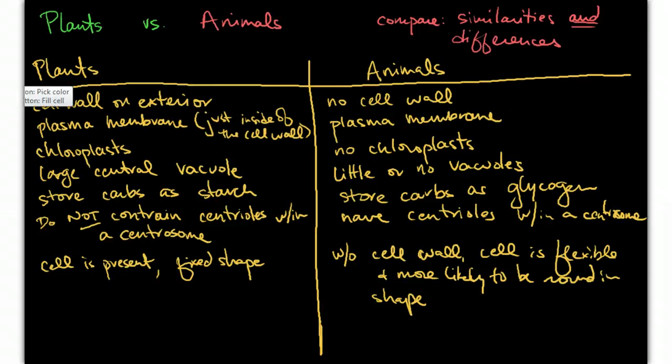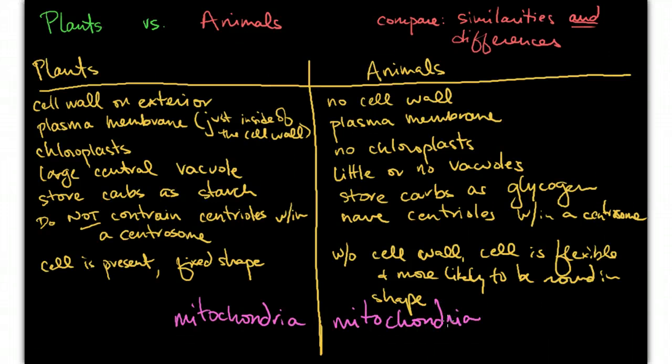So there are some key similarities that you should know. Because plants and animals are both eukaryotic cells, they have something else in common. So if we go back to our pro versus eukaryotic cell chart, we would see that all eukaryotes have mitochondria. So they both have mitochondria.